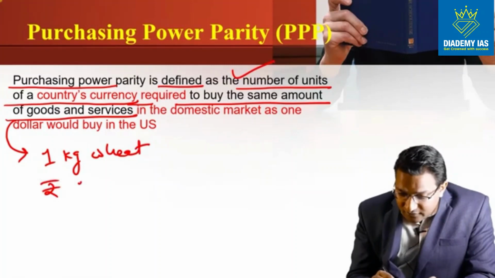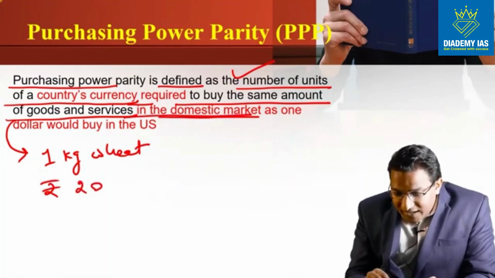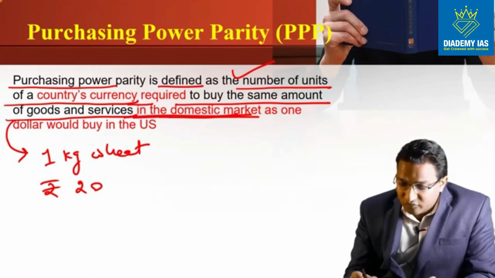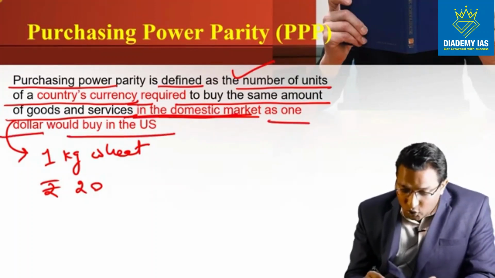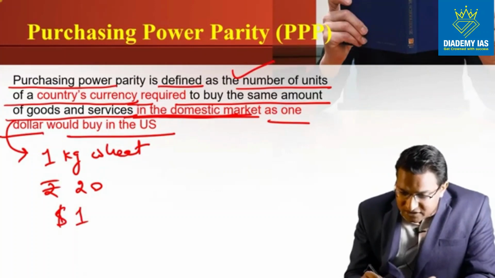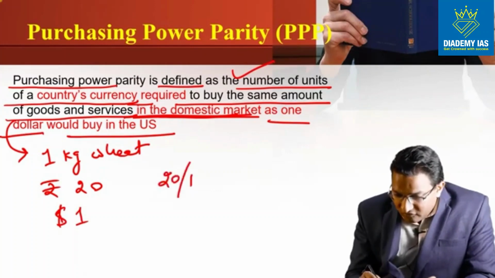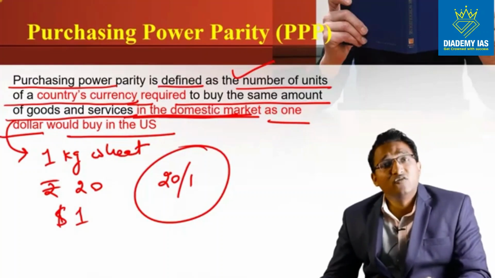Rupees 20 in the domestic market. So if we are buying from India, it is 20 rupees for 1 kg of wheat, as $1 would buy in the USA. So this $1 will buy 1 kg definitely. So how much is the purchasing power parity? 20 upon 1.